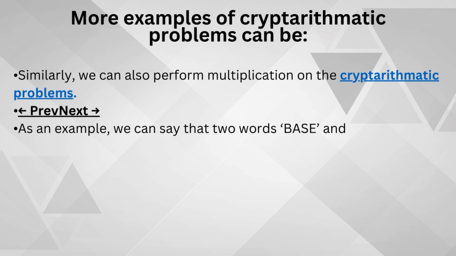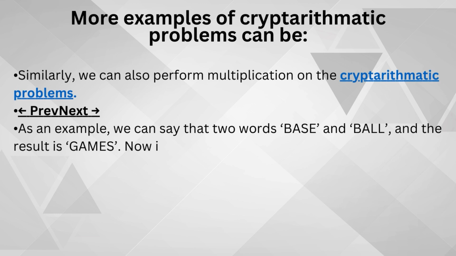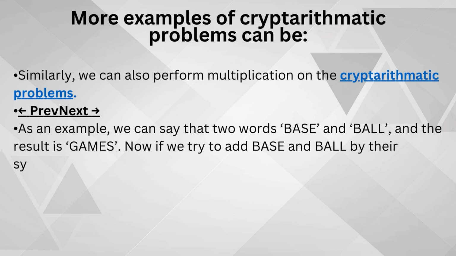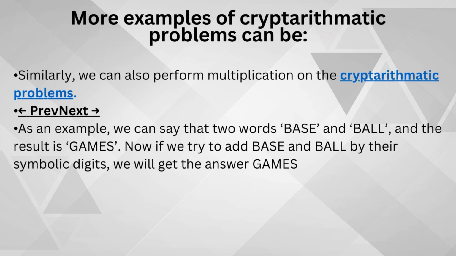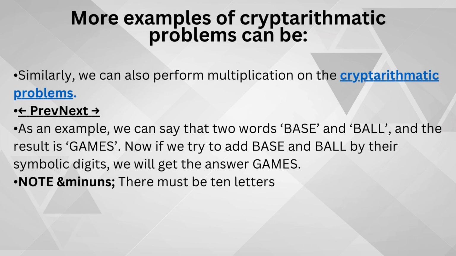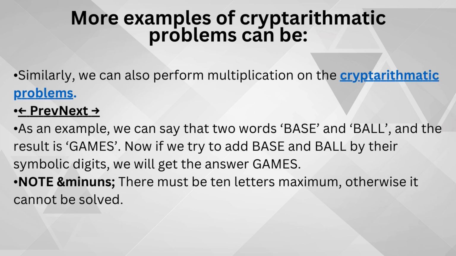As an example, we can say that two words base and ball and the result is games. Now, if we try to add base and ball by their symbols' digits, we will get the answer games.